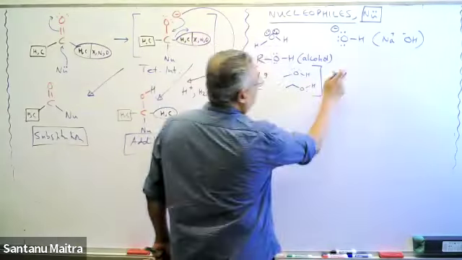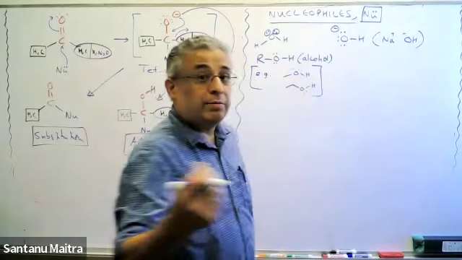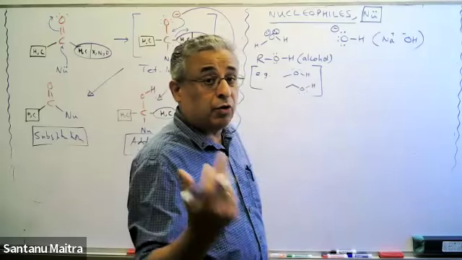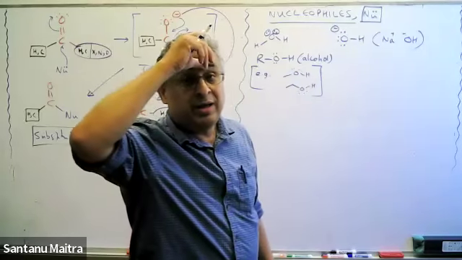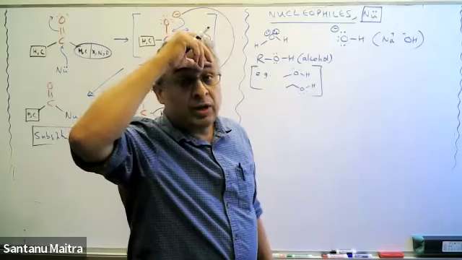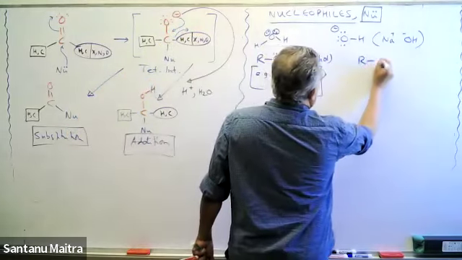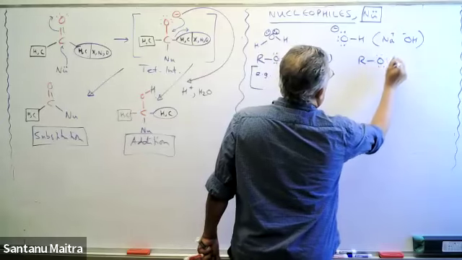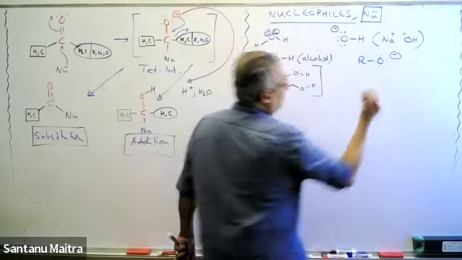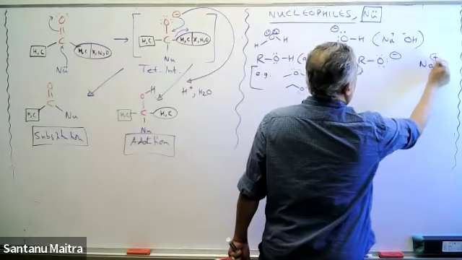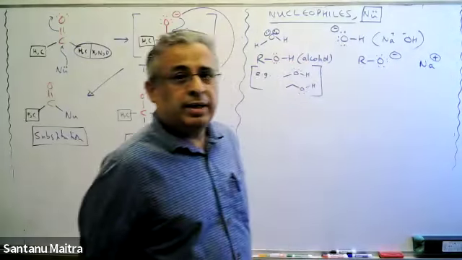You can also play the same trick. You can pull out that proton on the alcohol using a strong base like sodium hydride, calcium hydride, sodium metal, things like that. And you can make RO minus and a cation, let's say sodium cation, Na plus.